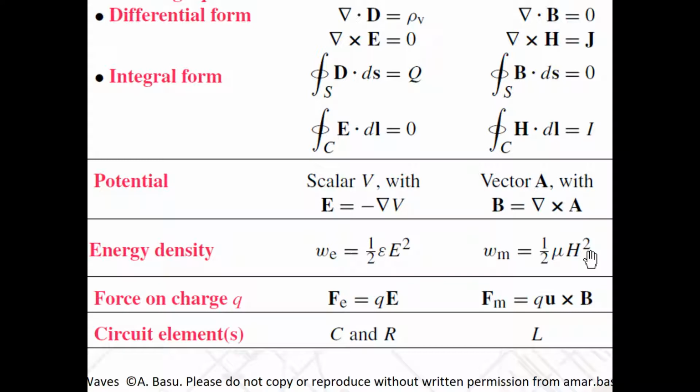Now, we talked about scalar potential. What was the meaning of scalar potential in electrostatics? Voltage. It's sort of the energy available from a distance across an electric field.